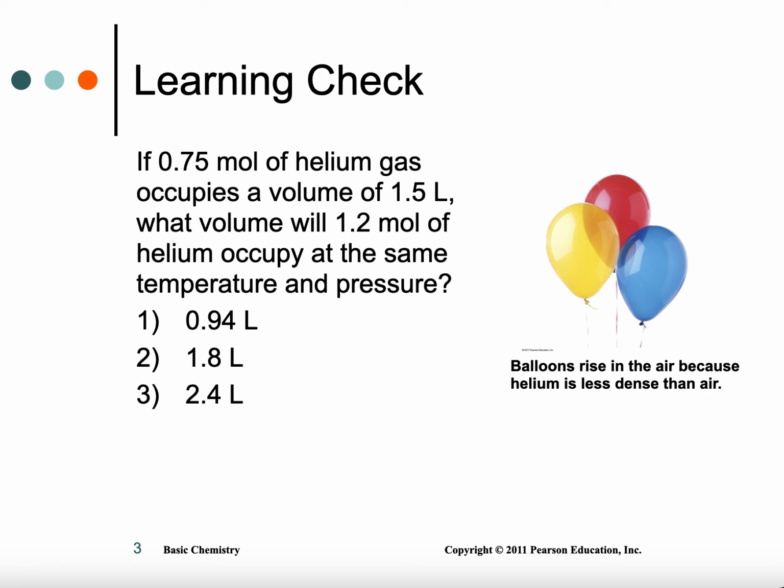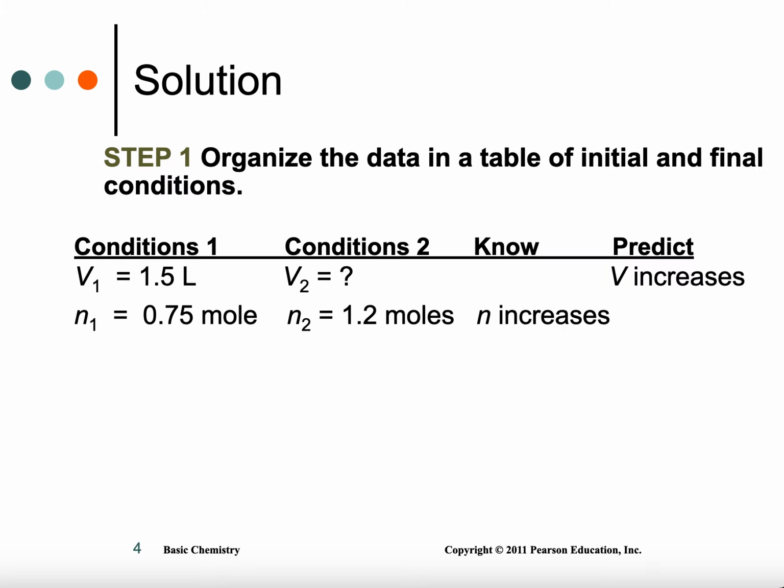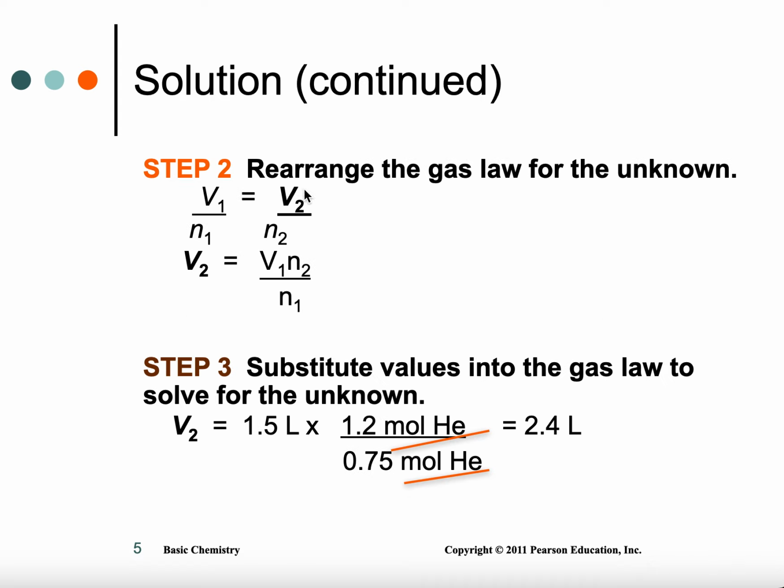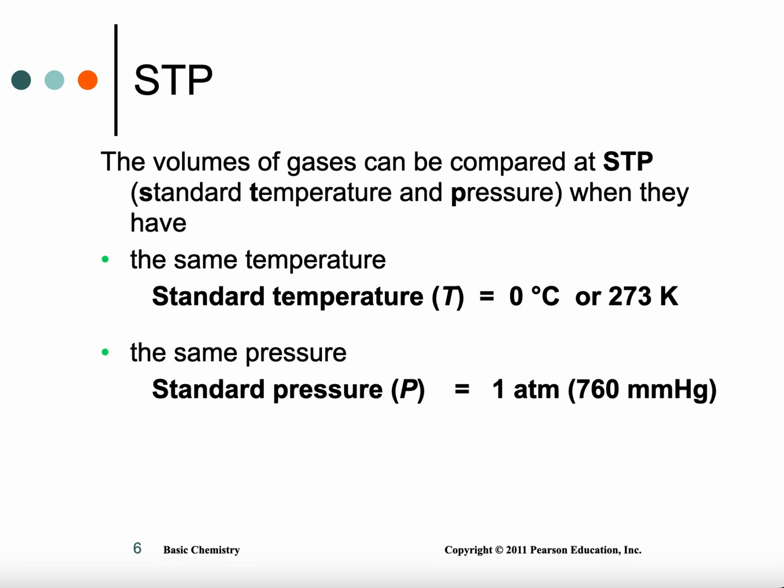So it's a direct relationship. To do this, I have to realize that I have a formula: V1 over n1 equals V2 over n2. I find my numbers, and then once I solve for V2, I simply put in the other three, and that's how you get your answer. You just plug and chug.